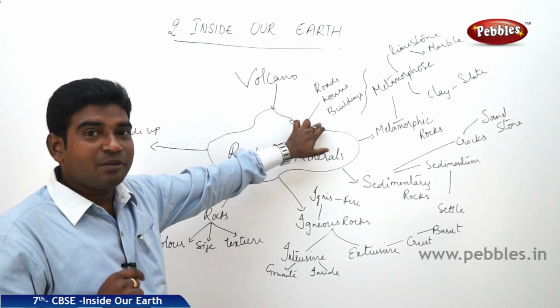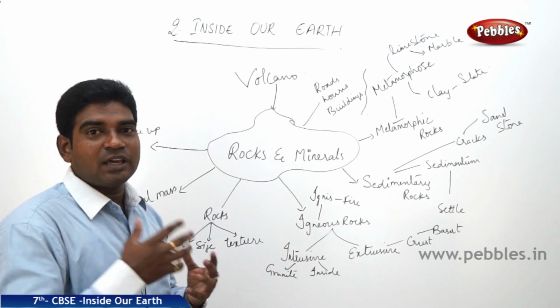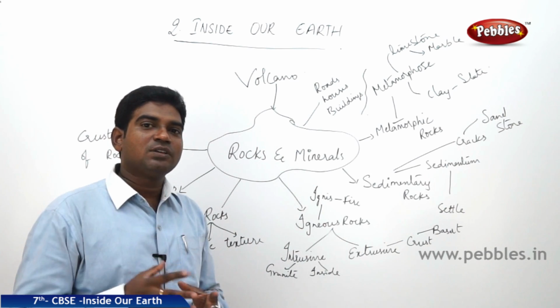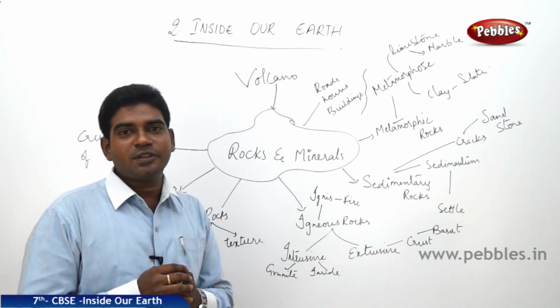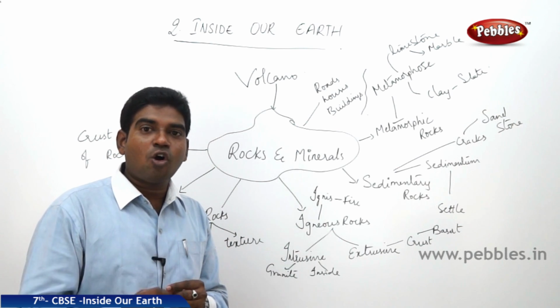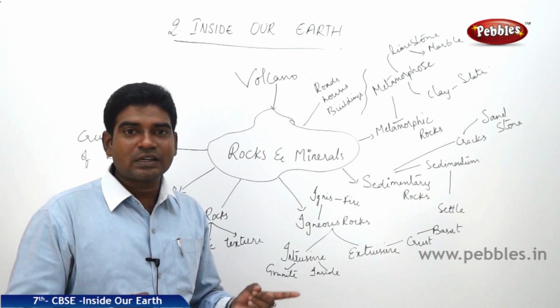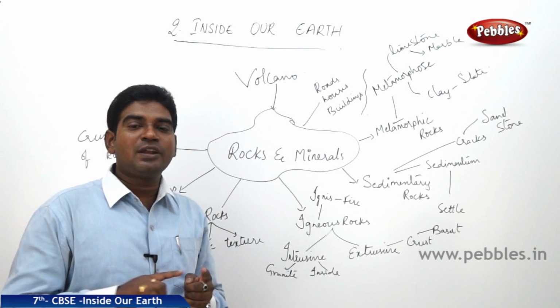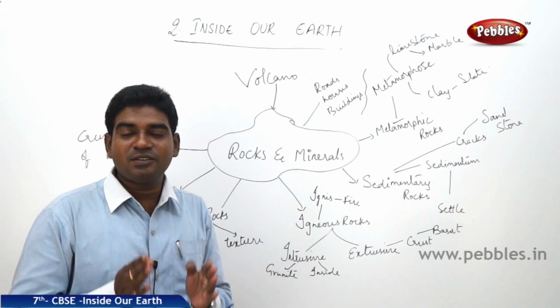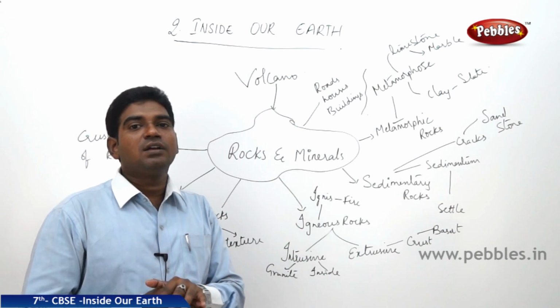Then we build buildings, like the Burj Khalifa with 160 floors, tall towers. All these are built with rocks only. So wherever we stay, wherever we walk, wherever we work, all these are built with one or the other form of rocks only. That's why it is important for us to know about the rocks.